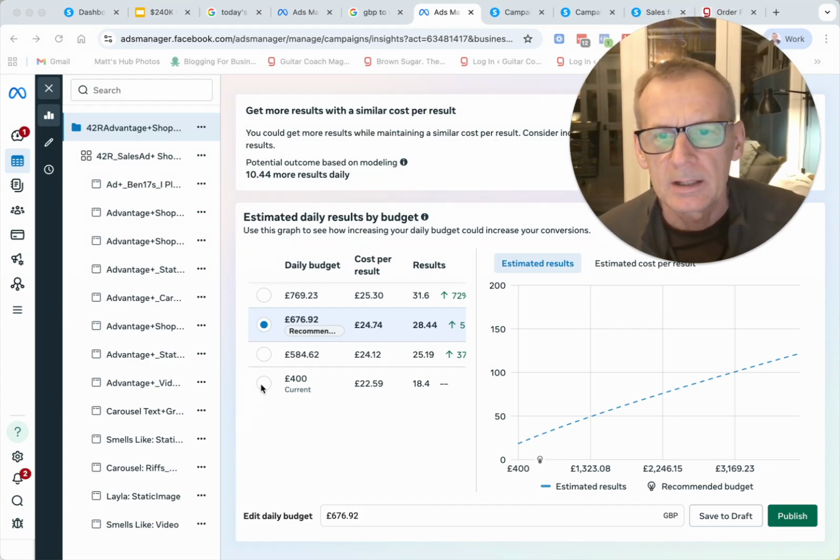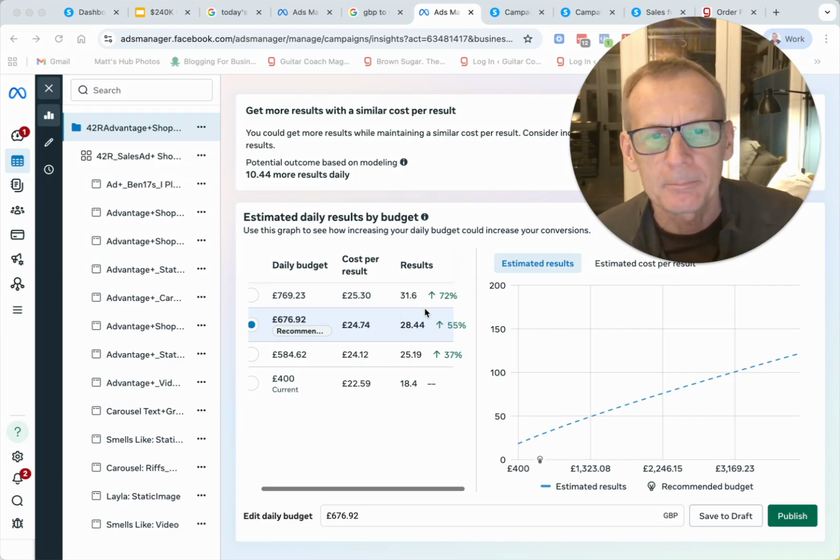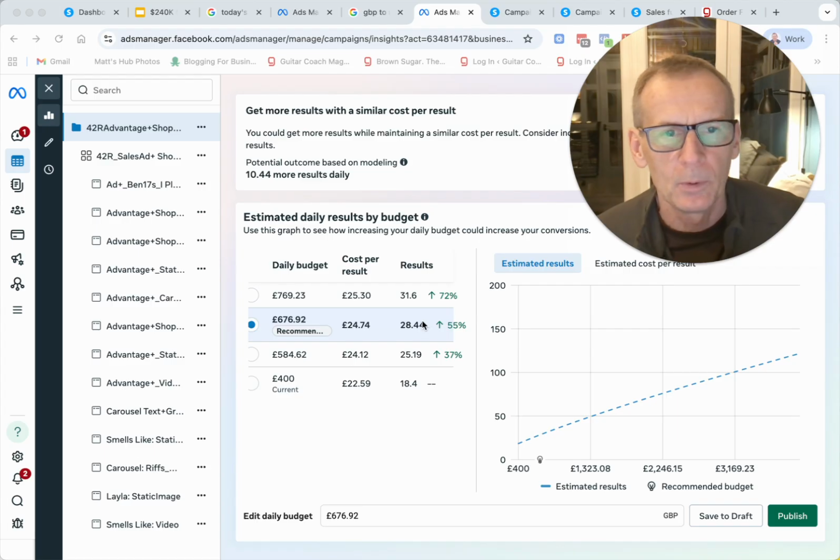So it gives you an idea. Currently I'm down here, but it reckons with its intelligence, AI, whatever, that if we spend a lot more money, we'll get significantly more sales.